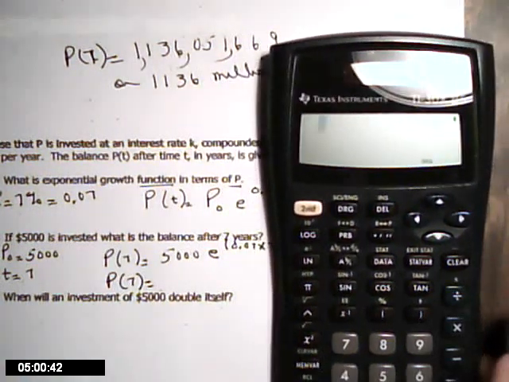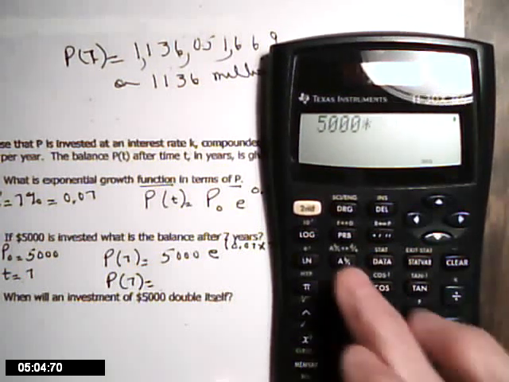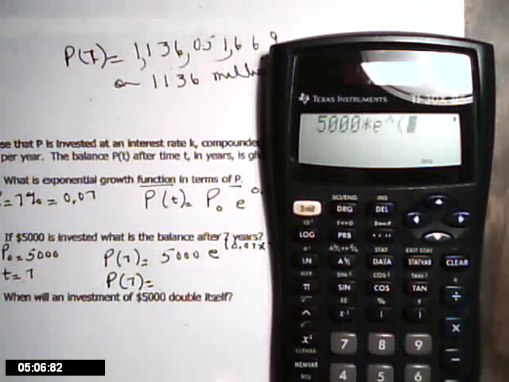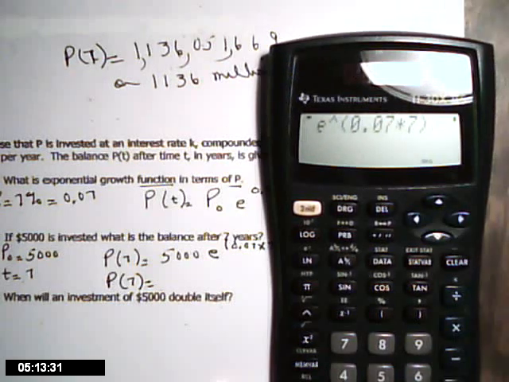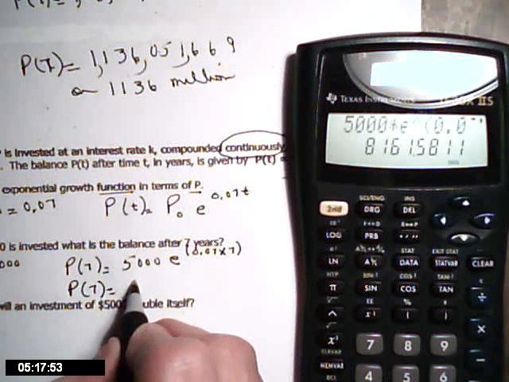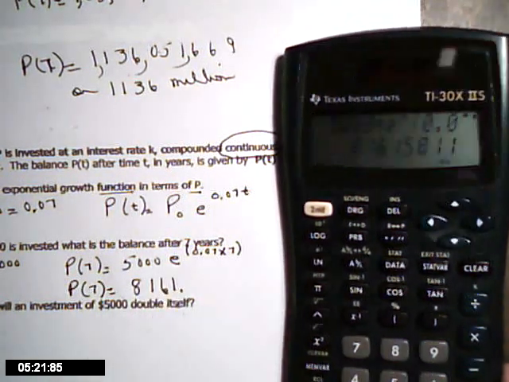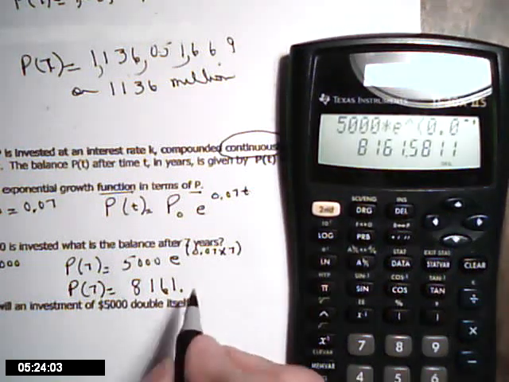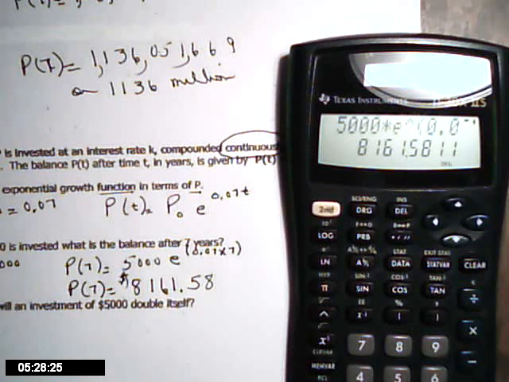So let's clear this out and do this. 5,000 times second ln, that gets me to e, 0.07 times 7, close parentheses, and equal. Now remember, we're talking money here. This is $8,161 and 0.581, so that's 58 cents. That would be the money I would have at the end of 7 years.